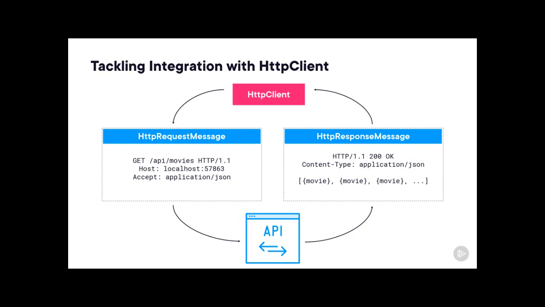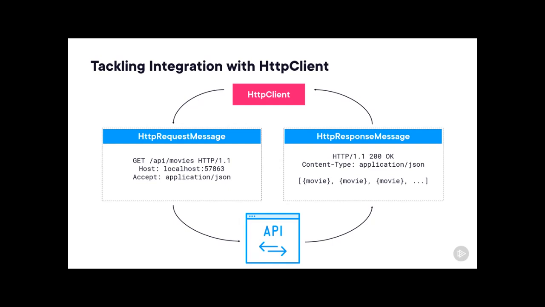Through HttpClient, we can send a GET request to get api/movies, and we can catch the response. The object used to hold such a request is an HttpRequestMessage, and the object in which the response is encapsulated is an HttpResponseMessage.